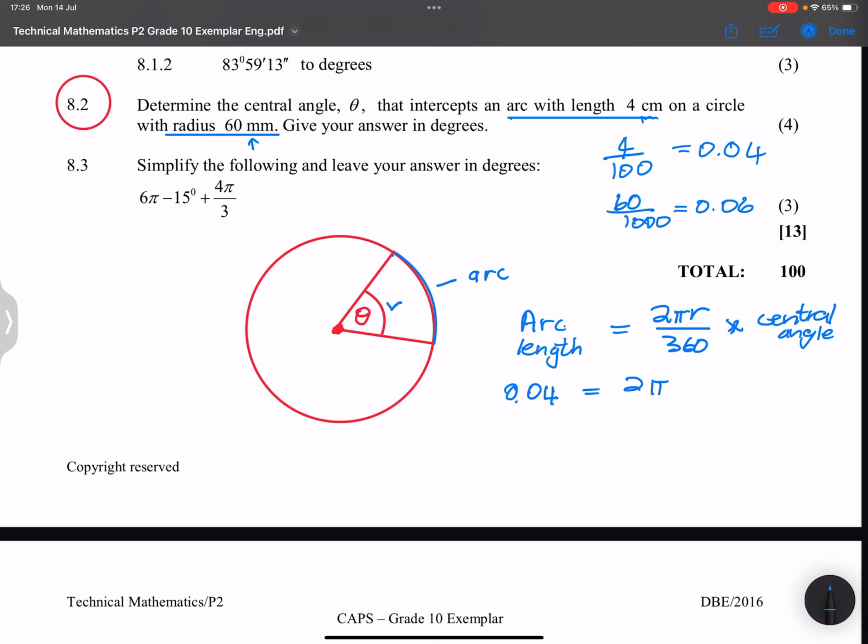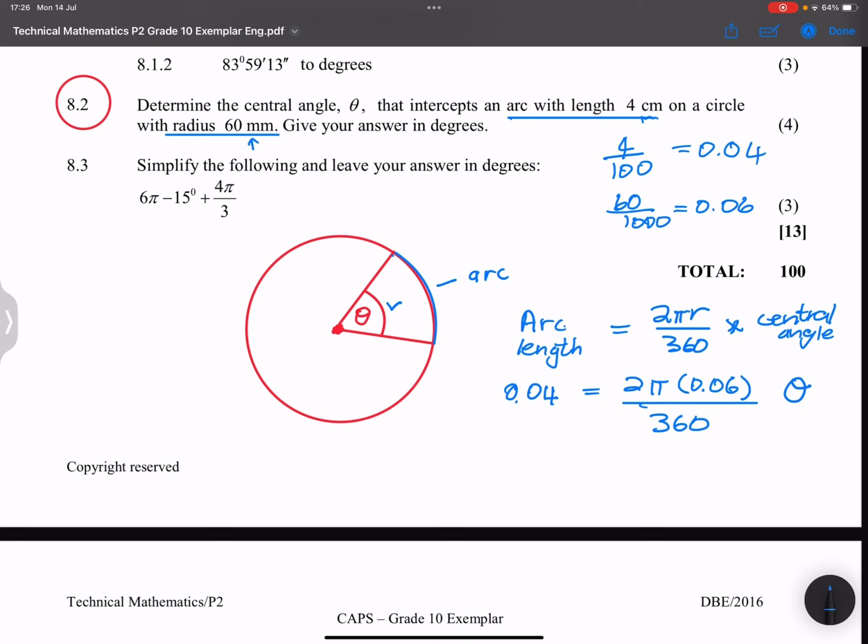So this would be 2 pi multiplied by 0.06, and this is divided by 360. And now we are looking in this case for the central angle. In fact, let me just say multiplied by theta, because we've designated that as theta.